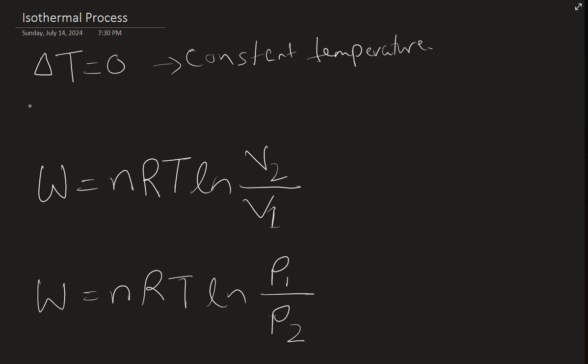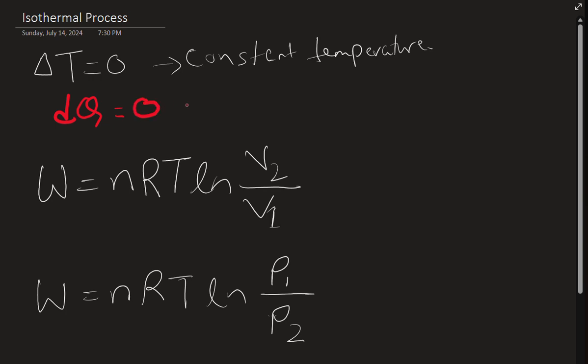So in the isothermal process, the formula dq equal to du plus dw changes. Since temperature is constant, the change of internal energy, or du, will also be constant. So du is constant means it will be zero. Okay, we're not talking about internal energy, we're talking about the change.